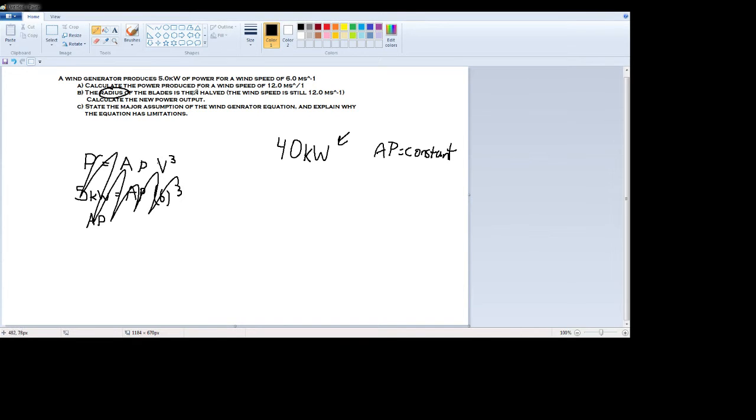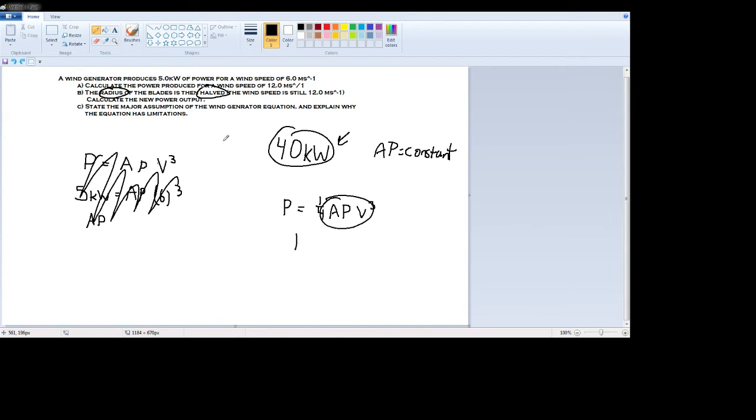Important to note that the radius is halved, meaning we will really be putting it at a 1/4 ratio. So it will look something like this. And since these values are constant, and this was our answer, we'll simply have 1/4 of the answer. So you'll have 10 kilowatts here.